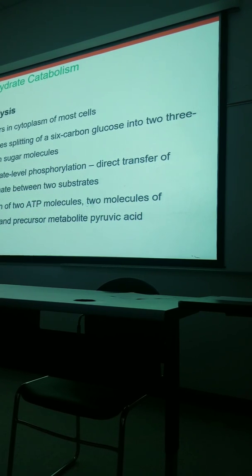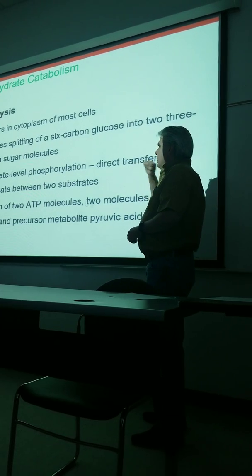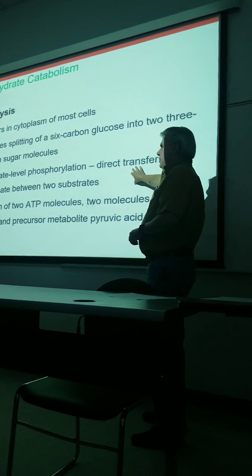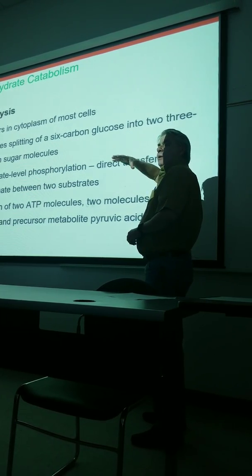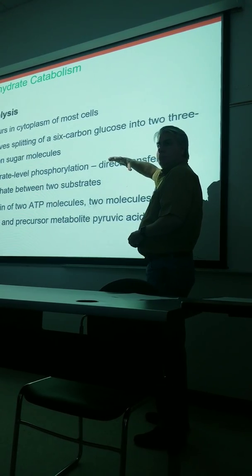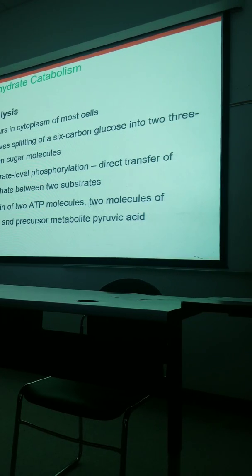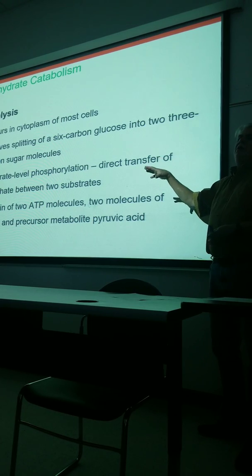It involves splitting 6-carbon glucose into 3-carbon sugar molecules. Substrate level phosphorylation, which just means what? You're adding one phosphate to another, right? Okay. What I really want you guys to know about this whole thing is what goes in, what do you get out of it?